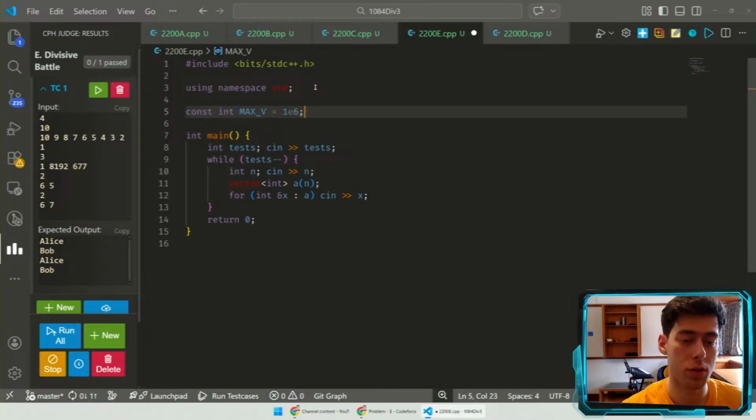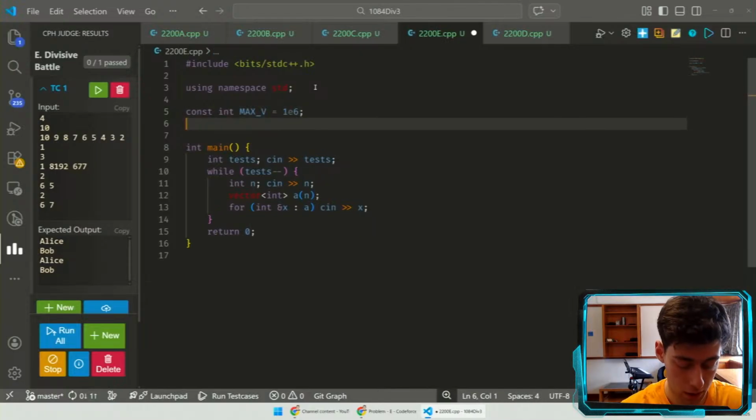The max value is 10 to the 6, and then the smallest prime factor, min prime factor of these numbers. I'll just compute that.